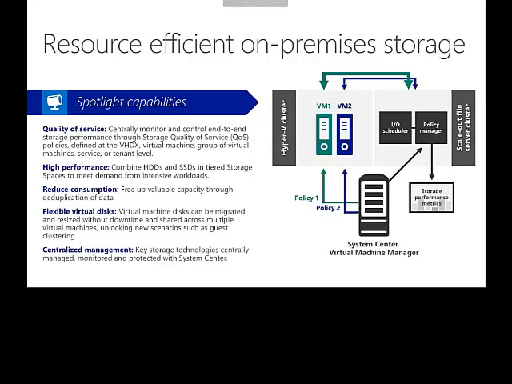Now, as I said, we had this in the last release, but in this release we've enhanced it further so that we can now create global policies and say that all of the virtual machines and all of the disks need to fit within this threshold, and apply it globally. And as new VMs come online or as people add new disks to their virtual machine, that policy will automatically get applied to those new disks as well.